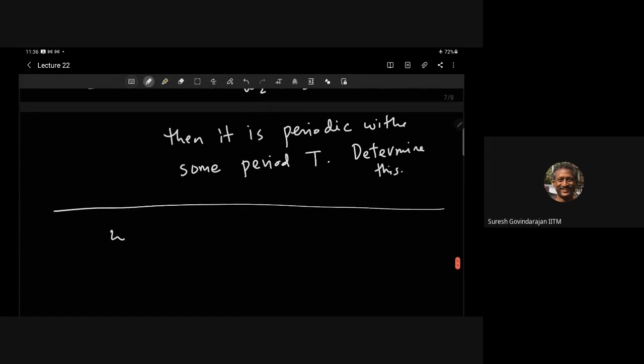Interesting case: omega 1 by omega 2 is irrational. What happens here? Can the orbits close? That means we want theta 1 to come back at the same time as theta 2. Anybody?